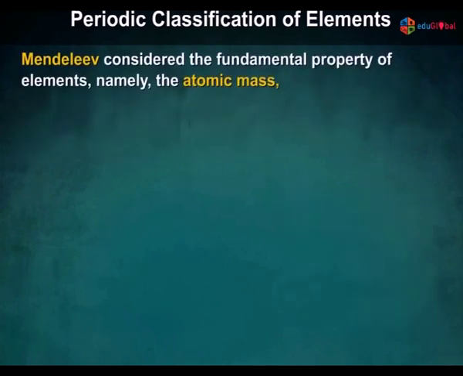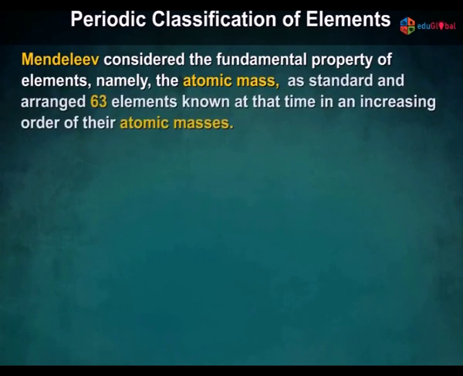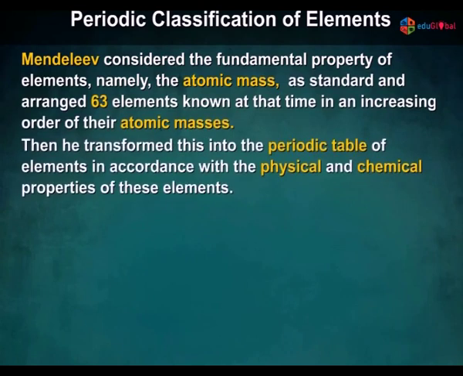Mendeleev considered the fundamental property of elements, namely the atomic mass, as standard and arranged 63 elements known at that time in an increasing order of their atomic masses. Then he transformed this into the periodic table of elements in accordance with the physical and chemical properties of these elements.